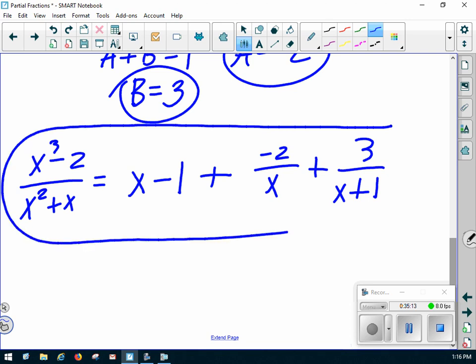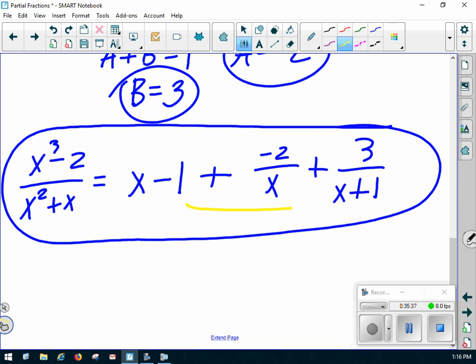This is your decomposition. Okay, good. Remember, you could write this piece right here as minus 2 over x. Whatever you want to do. Ladies and gentlemen, this is partial fraction decomposition.